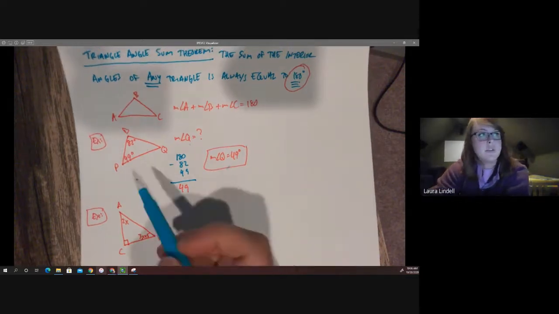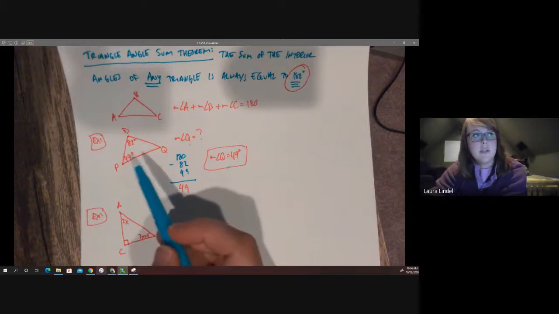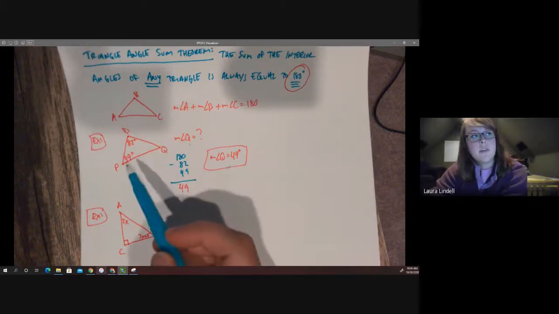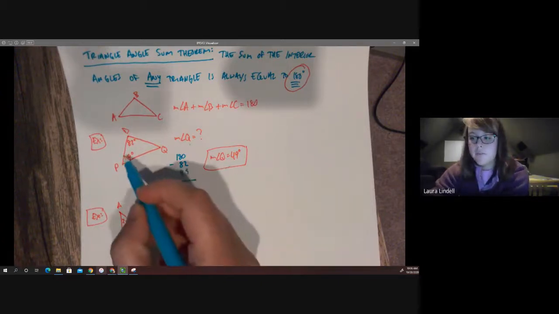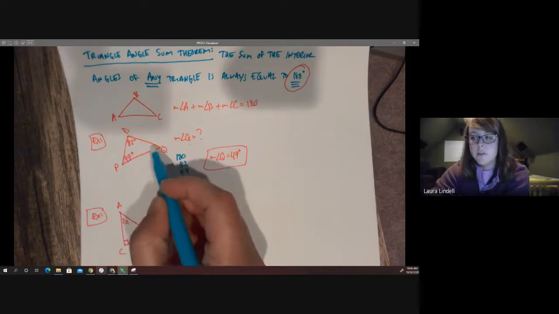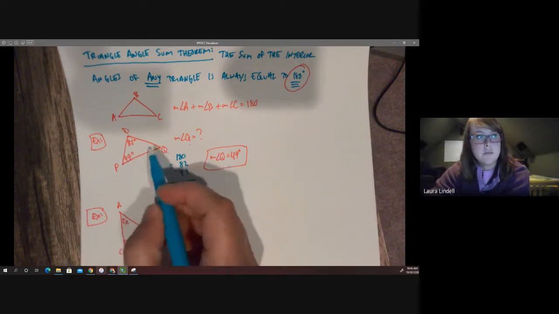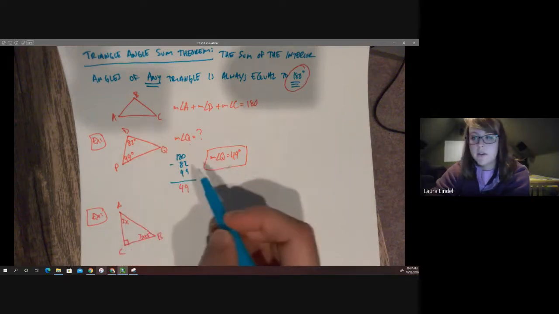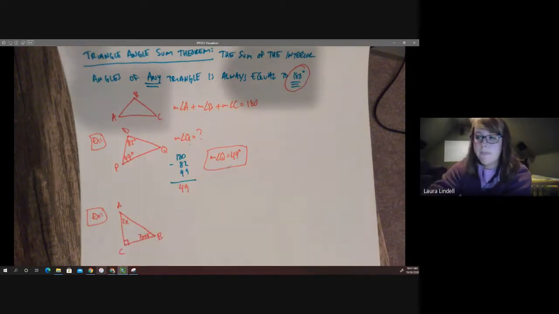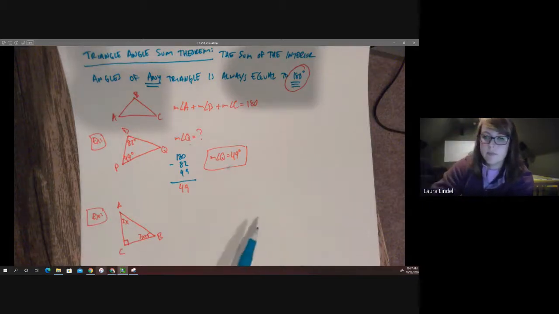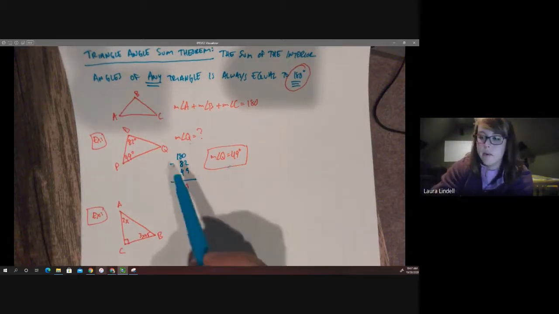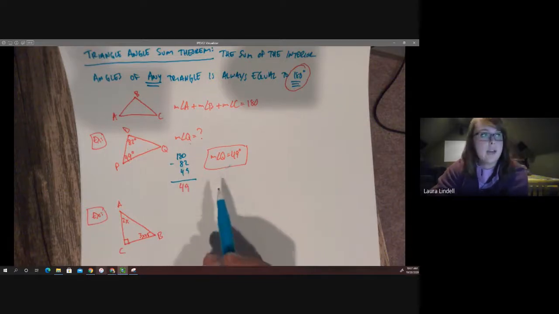On this one, it was just a coincidence that P and Q were the same. So if this was like 42 or something, this angle wouldn't be 42. If this angle was anything else, this one wouldn't be 49. Yeah, so the idea with that one is that we do need to subtract off of 180.